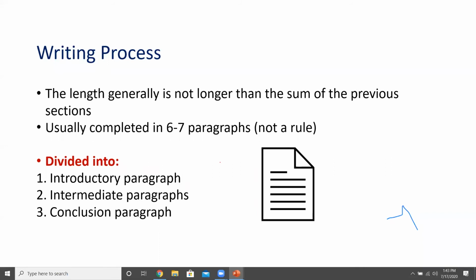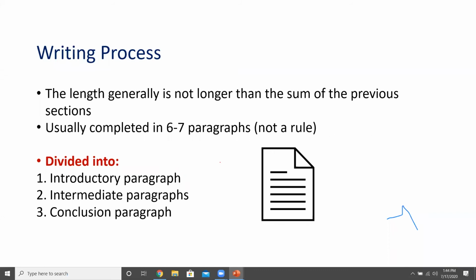It's usually completed in 6 to 7 paragraphs, but again, this is not a rule, and you always have to think of it and modify it as you go, according to whom you're going to submit it to. When you start writing your discussion, always have in mind: start with an intro paragraph, an intermediate paragraph, and finally a conclusion paragraph.